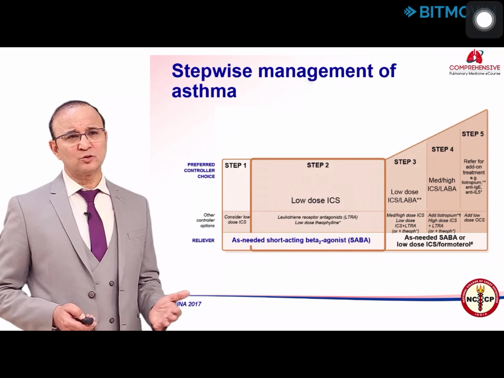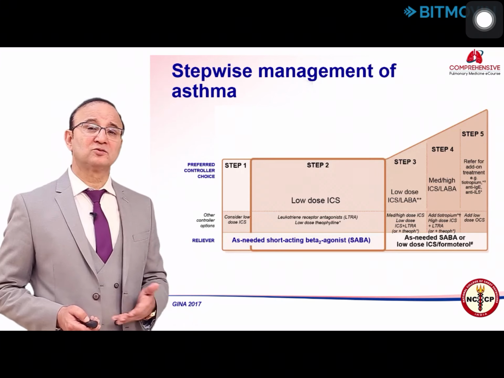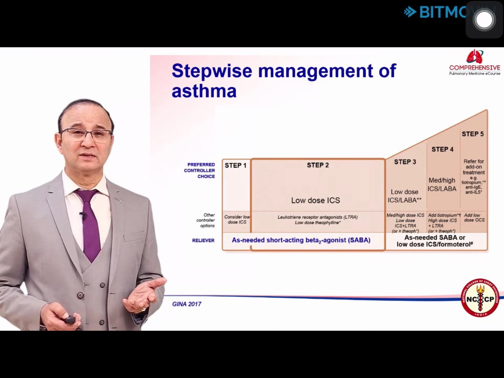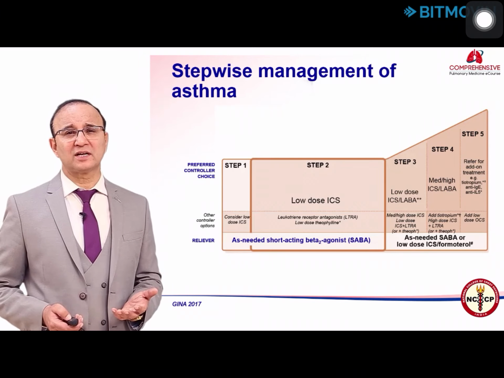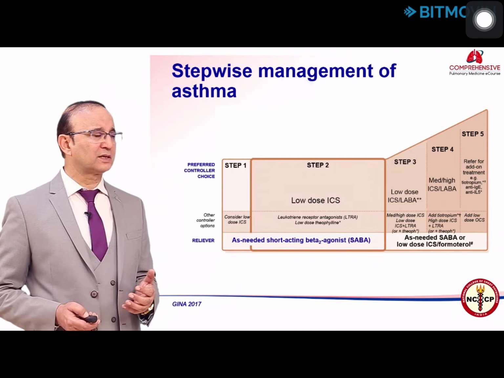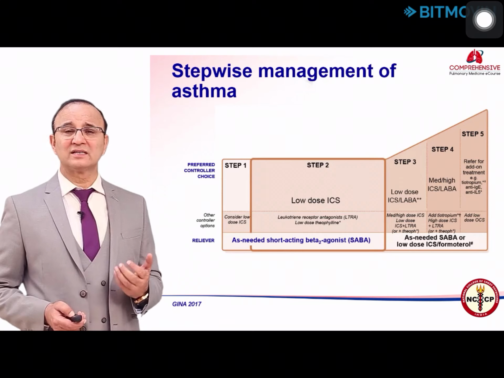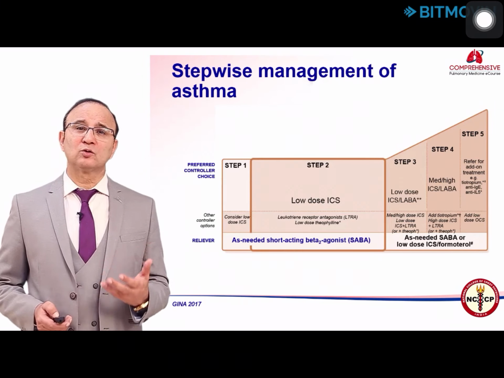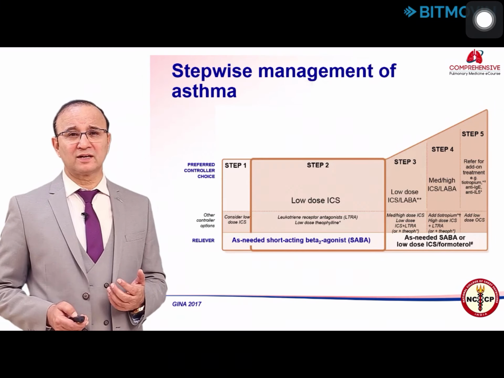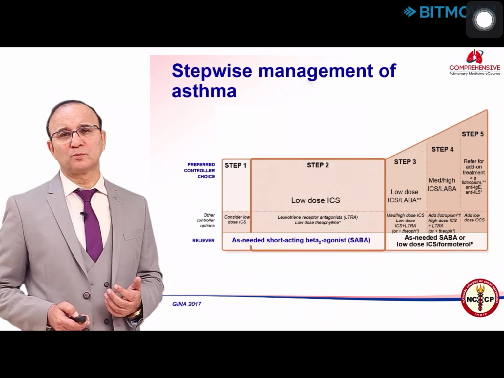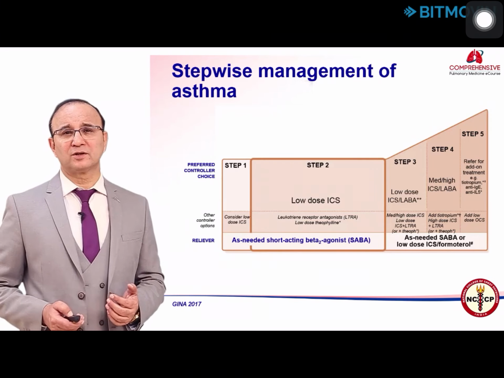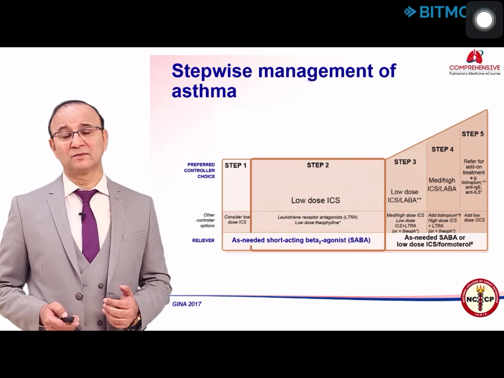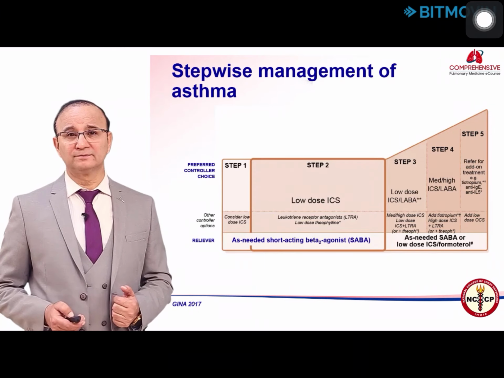Then you can also add on low doses of oral steroids in patients who are really not controlled, and also other modalities which have been found to be effective, particularly in step 3 and step 4, such as sublingual immunotherapy in a group of patients who have allergic rhinitis. And bronchial thermoplasty is also being recommended as a technique for the management of asthma in a higher grade of severity. Thank you very much.